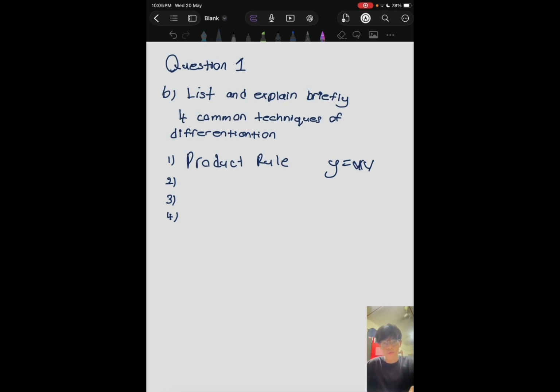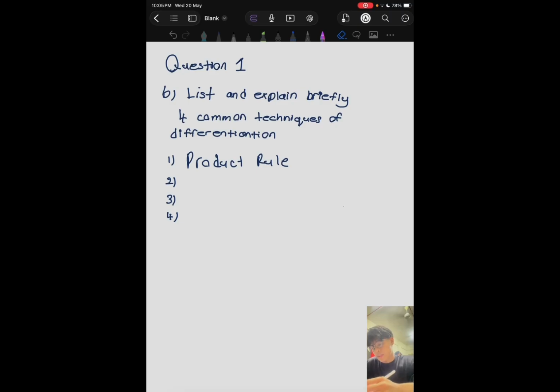The shortcut formula we can use is dy over dx equals u v prime plus v u prime. That is for the product rule.